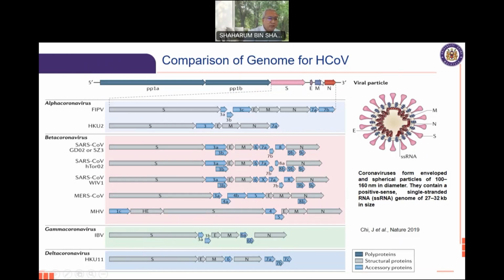So if we look into the genome of the virus, you have the structural genes, which consist of the spike protein, the envelope, the membrane, and also the nucleocapsid, and also the non-structural genes, which are PP1A and PP1B. And these non-structural genes are very important for the production of the transcriptional and translational cascade for the purpose of propagation and replication of the virus.